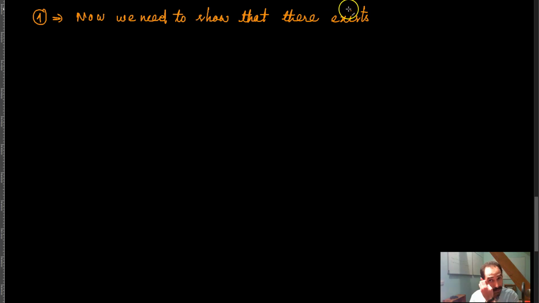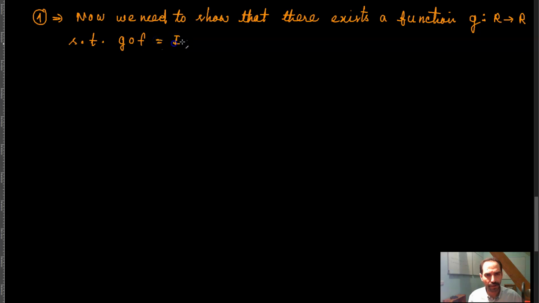Now we need to show that there exists a function g which goes from R to R, such that g of f is equal to I of x and f of g is equal to I of y. Now we will show this one.